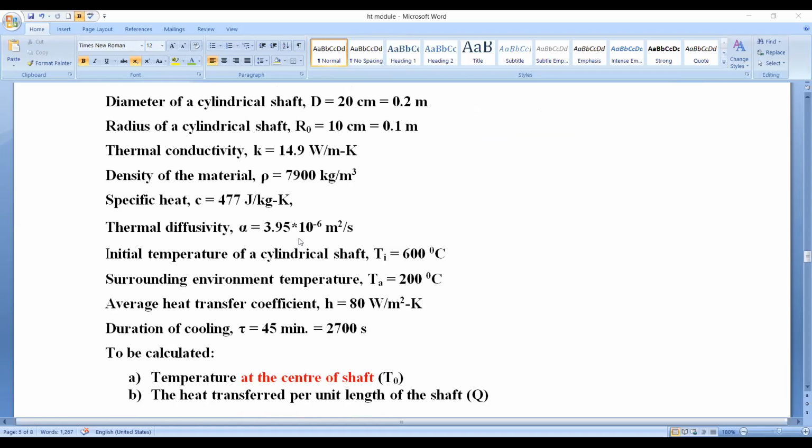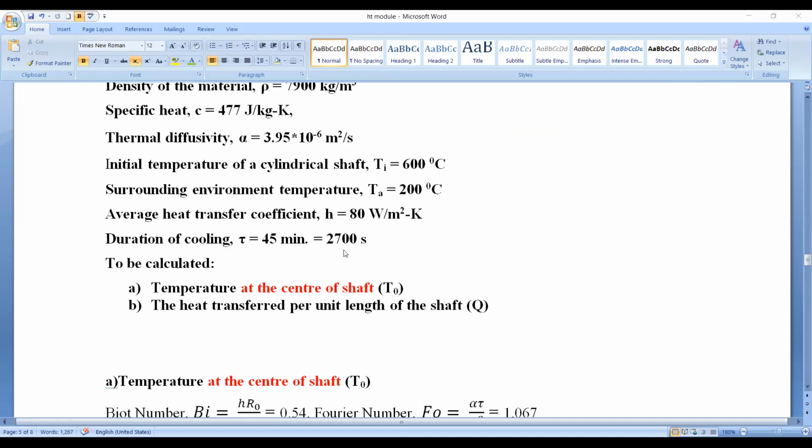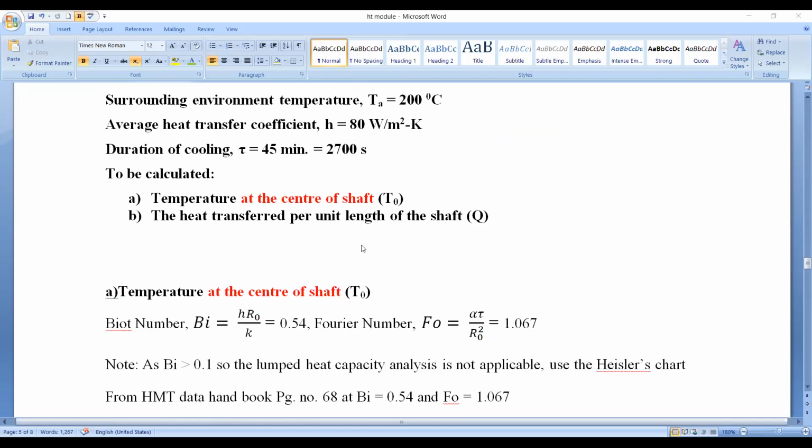Thermal diffusivity alpha equals 3.95 into 10 power minus 6 meter square per second. The initial temperature of the shaft Ti equals 600, surrounding temperature Ta equals 200 degrees centigrade, average heat transfer coefficient h equals 80 watt per meter square kelvin, duration of cooling is 45 minutes, or multiplying with 60, you will get 2700 seconds.